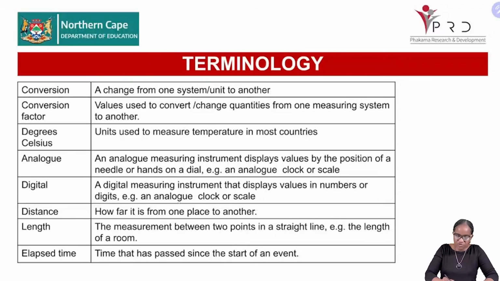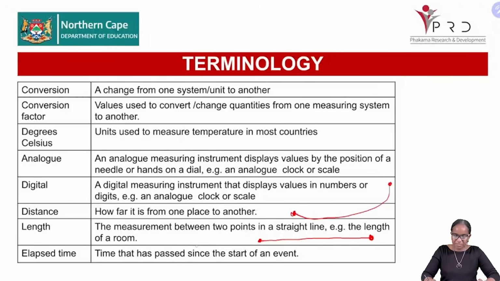Distance can be from here up to there. But with length, I am measuring points in a straight line. That's why we measure distance from home to school, which is not a straight line. But when measuring length, we measure the length of a wall because it is a straight line.